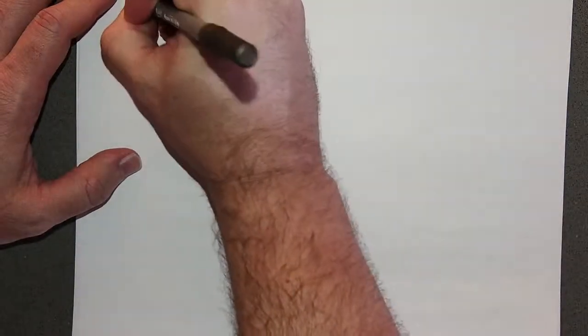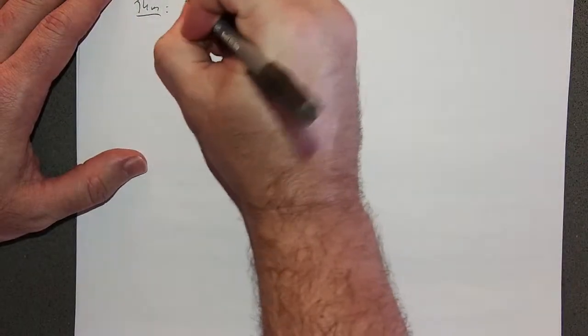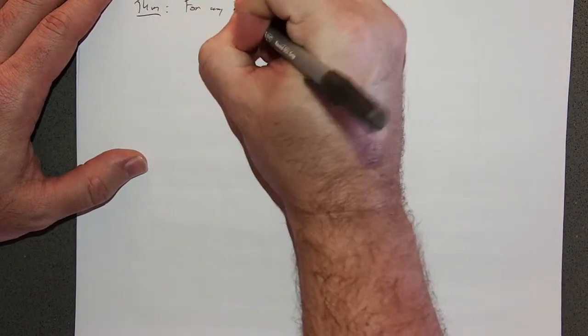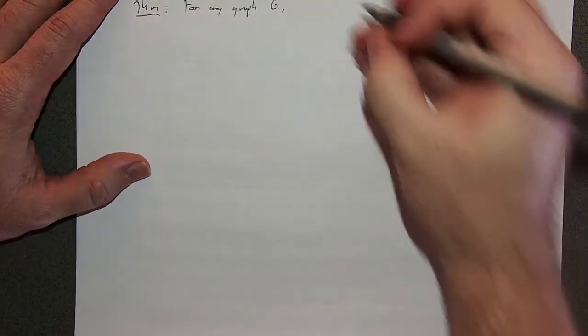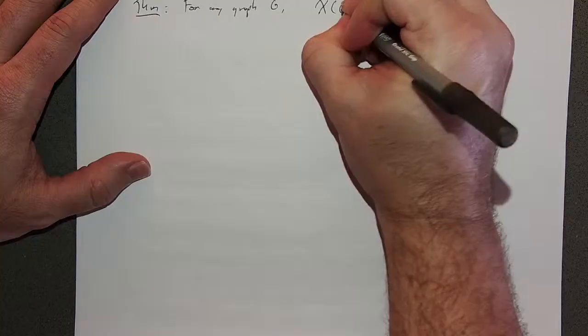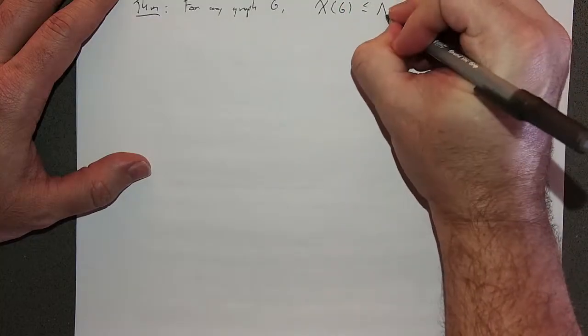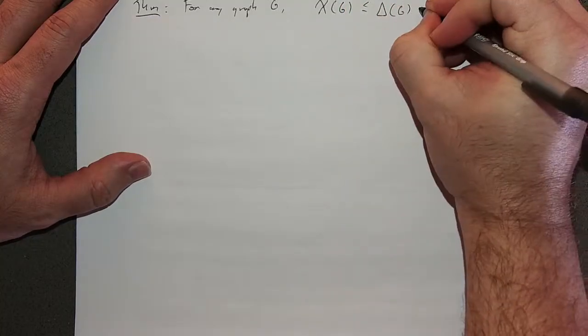So, the following theorem: for any graph G, the chromatic number of G is less than or equal to the maximum degree of G plus 1.